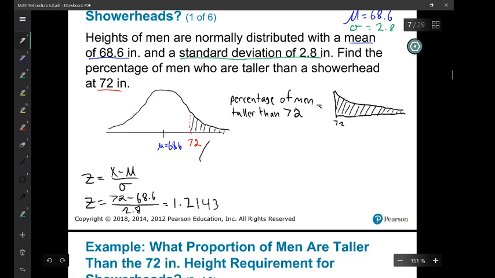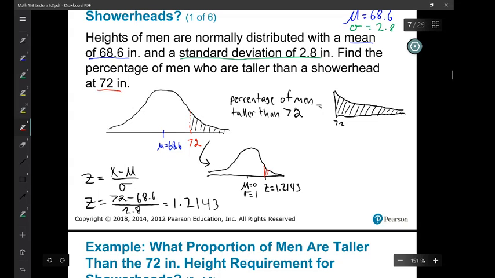So then you translate this over to a normal distribution where mu is 0, standard deviation is 1, and then your z-score will be 1.2143.